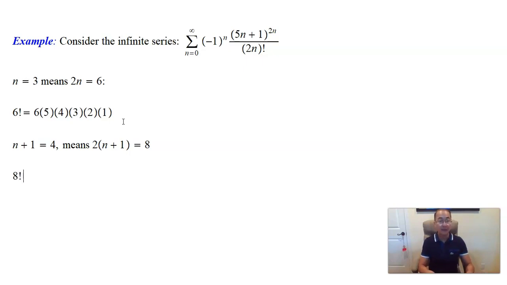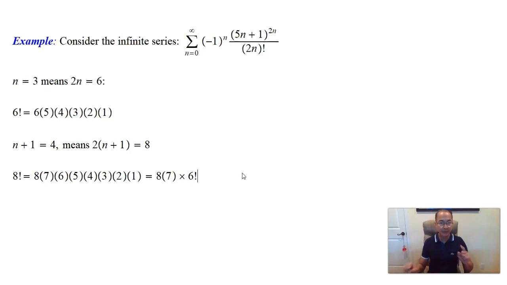So 8 factorial is going to be 8 times 7 times 6 times 5 times 4. So let's put 6 here, and then the rest is 5, 4, 3, 2, 1. 8, 7, 6, 5, 4, 3, 2, 1, counting backwards. Okay? So what is the difference between 8 factorial and 6 factorial? 6 factorial is over here, so we have an extra 8 times 7. We get 8 times 7, and then the rest of that product is 6 factorial.